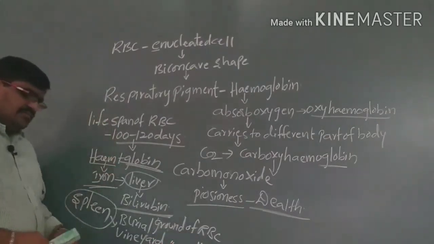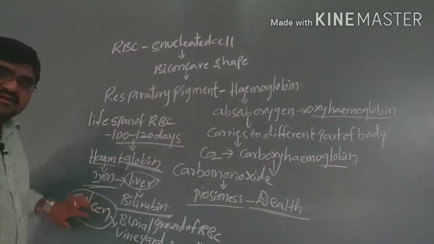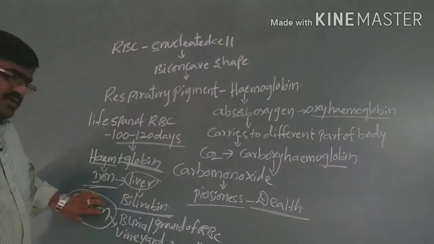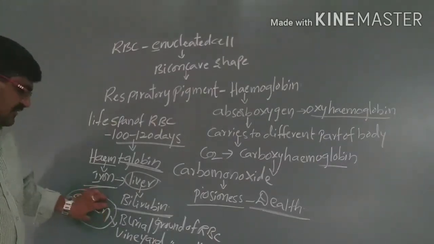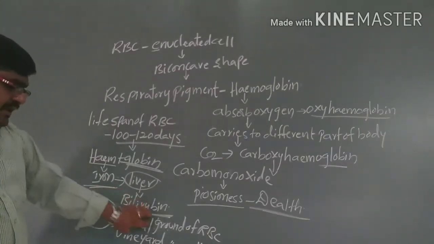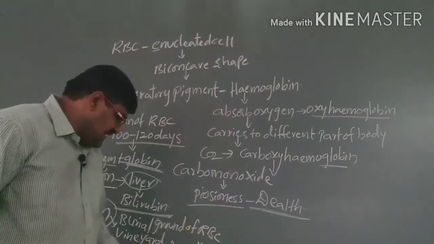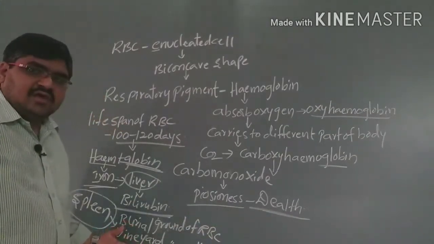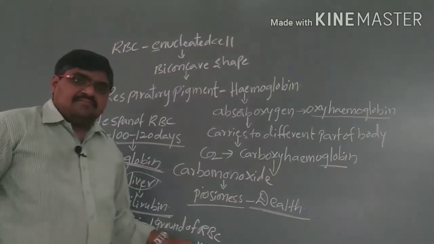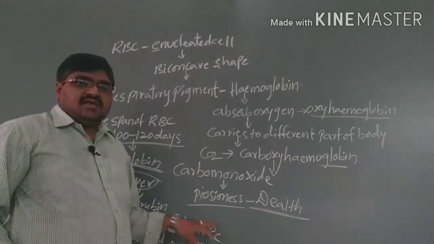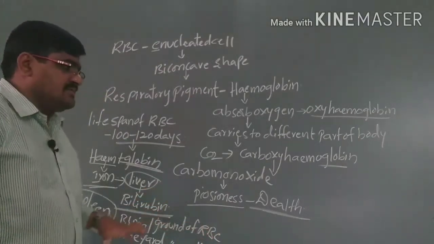That means when the lifespan of the blood cells is completed, they enter into the spleen, so the spleen is the burial ground, or the vineyard, of the RBC.